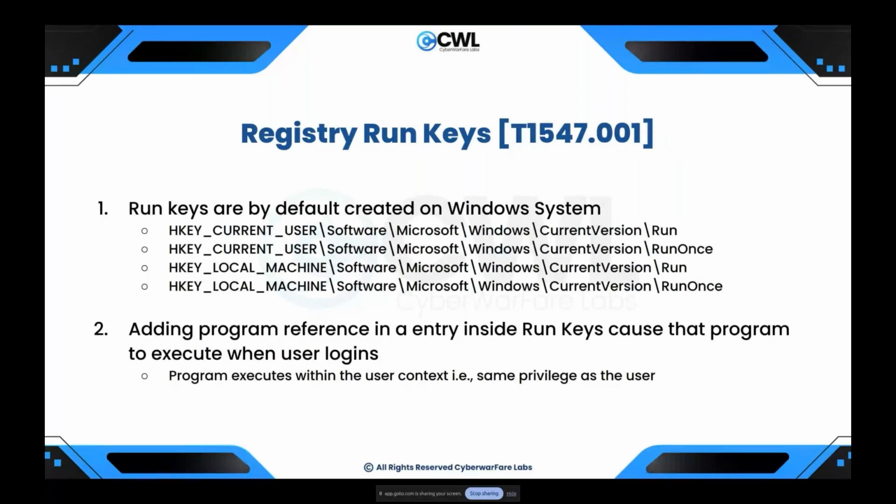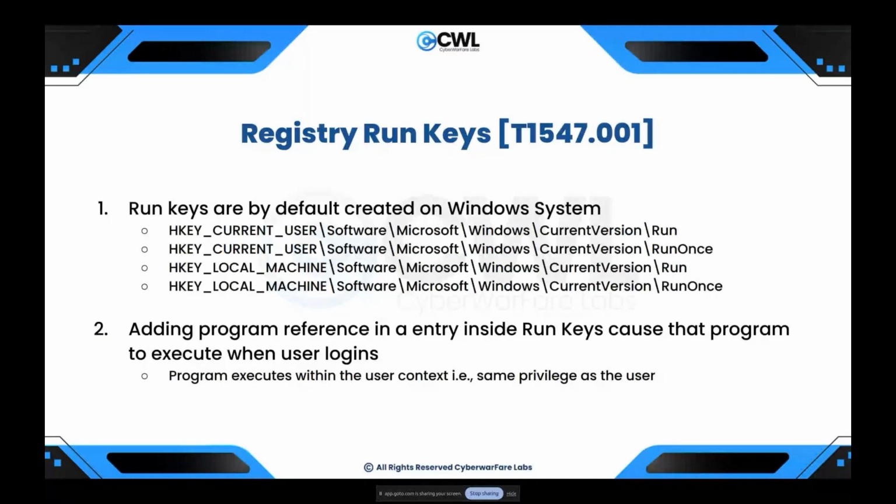There are a couple of keys in the registry that are created by default by the Windows system. These keys are there so that the user can give a program reference in those keys, so that whenever they log into the system the next time, the program referenced in that particular entry will be executed.